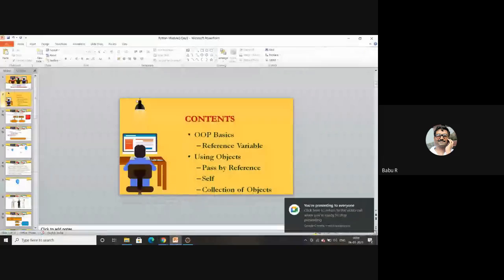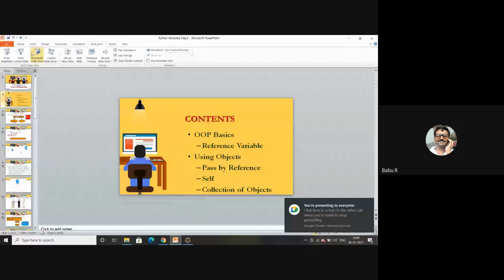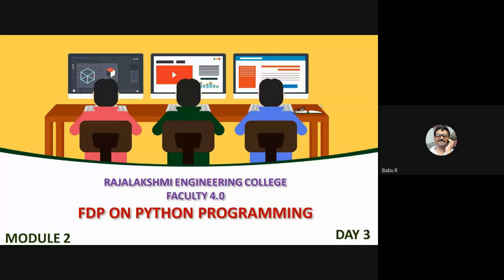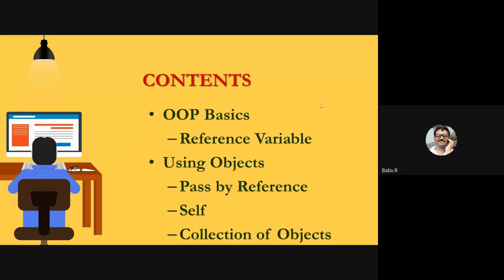So with that note, today's topic is also going to revolve around objects and what a reference variable is. This is the agenda of today's session. We are going to discuss the basics of object-oriented programming, in particular reference variables.